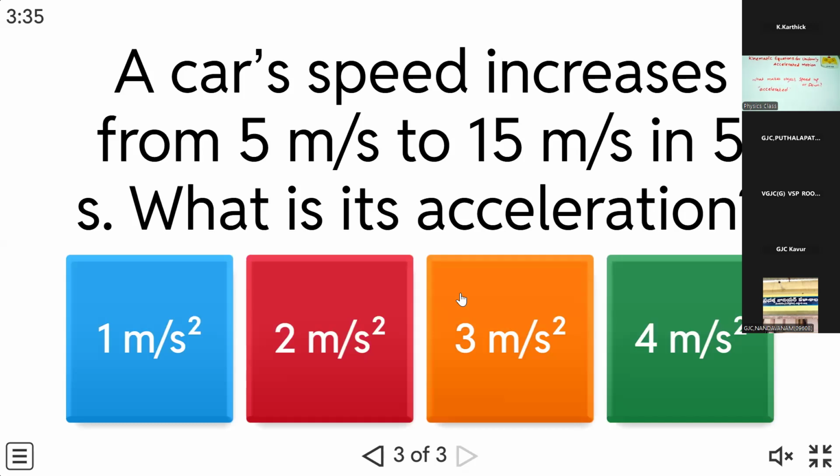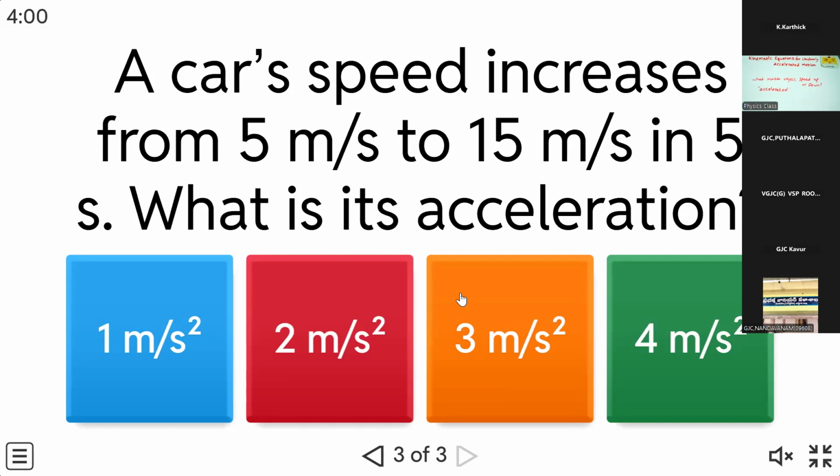That is a very simple problem. A car's speed increases from 5 meters per second to 15 meters per second in 5 seconds. Okay, so the car's speed increases from 5. What is its acceleration?